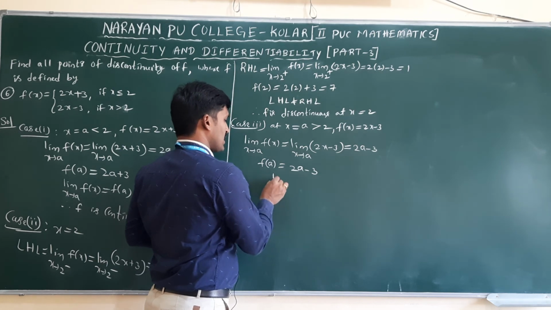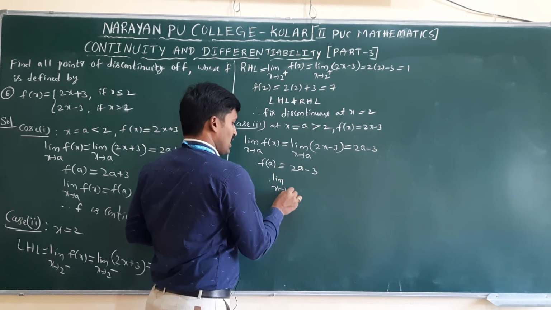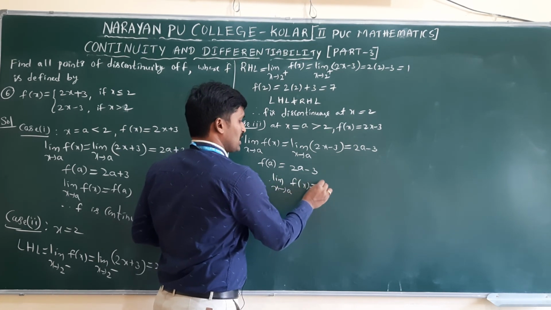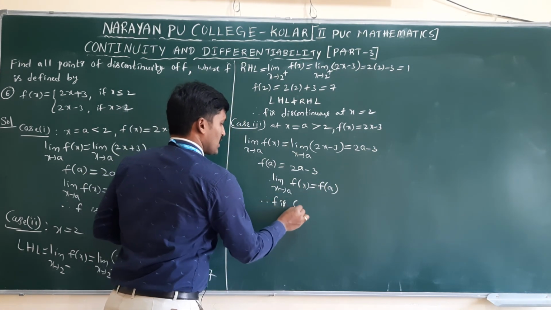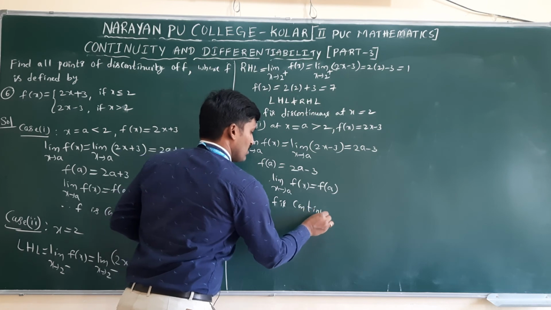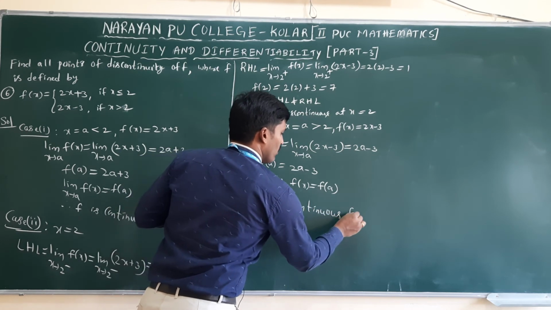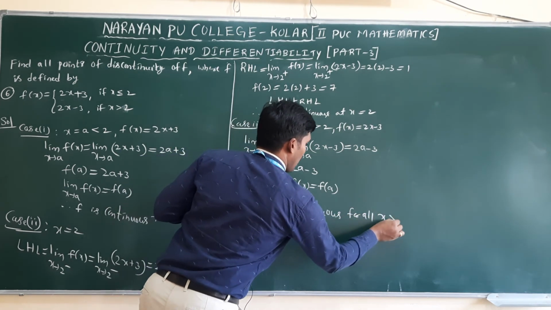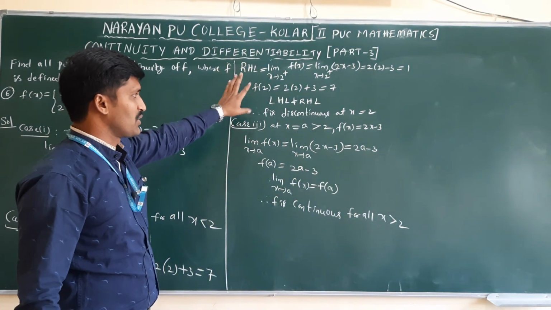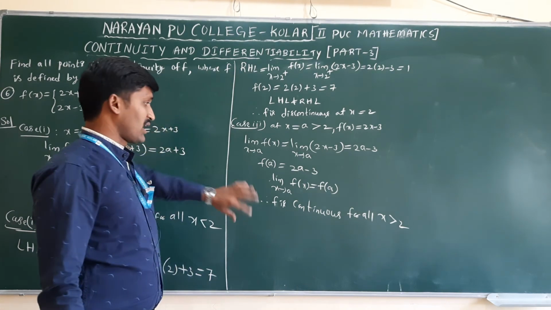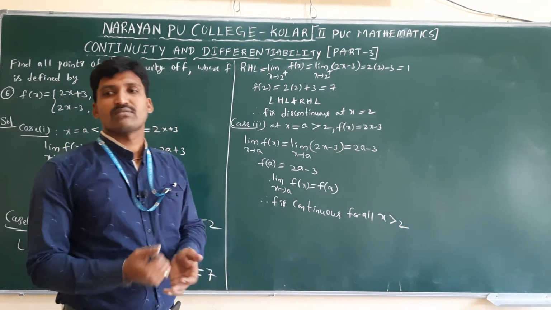Here limit x tends to a of f of x equals f of a. Therefore, f is continuous for all x greater than 2. That means only at 2 is there a point of discontinuity. At less than 2 and at greater than 2, the function is continuous.